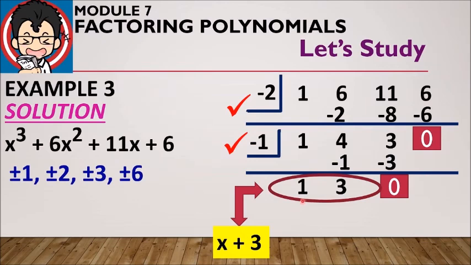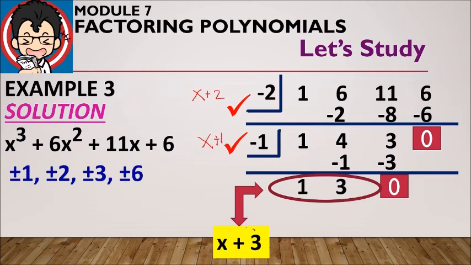Finally, kung mapapansin ninyo, the resulting equation of our synthetic division, dalawang beses to, natuloy-tuloy. Ayan o, the resulting equation is x plus 3. So, ano ngayon ang ibig sabihin nito? Okay? Sige, gamit tayo ng 10. So, dito, factor natin ay x plus 2. Dito naman, x plus 1.